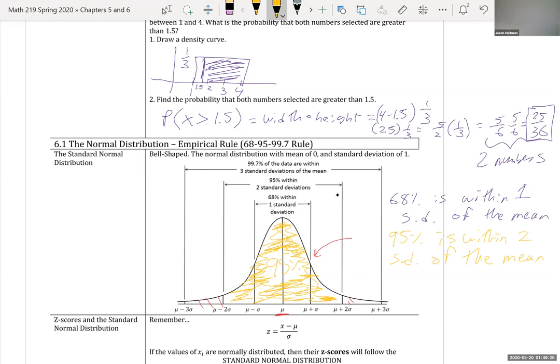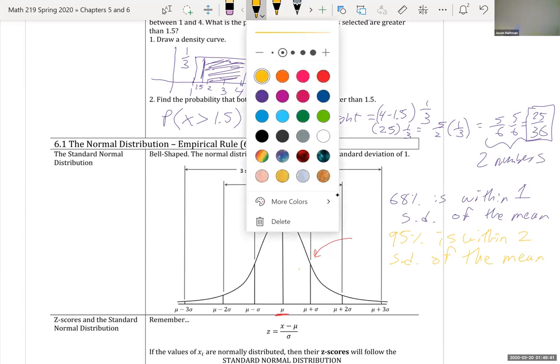And then what about almost the entire thing? Almost the entire thing is three standard deviations out. So we'll go back to our red.